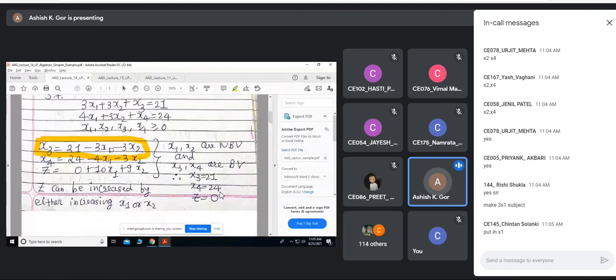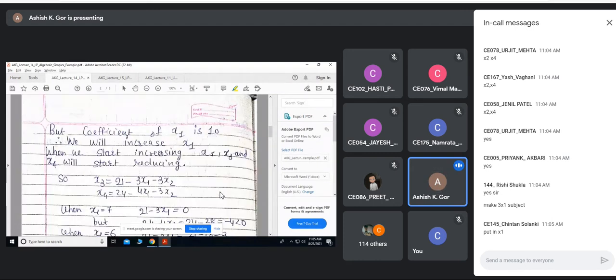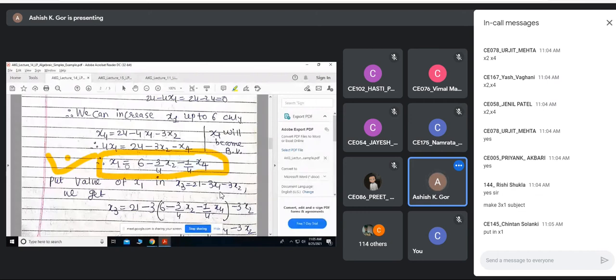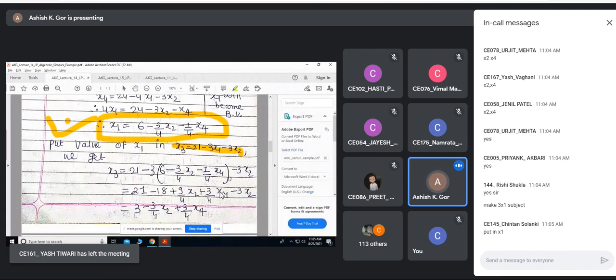If I put this value of x1 in x3, this x1 will be replaced. So I put this value of x1 in the first equation, x3 equal to 21 minus 3x1 minus 3x2.